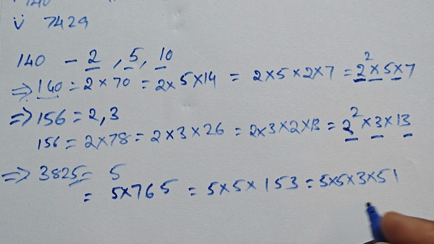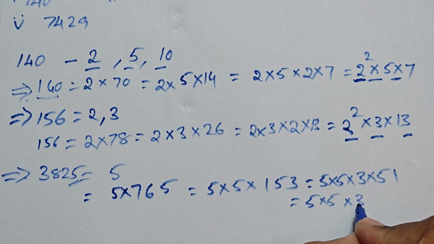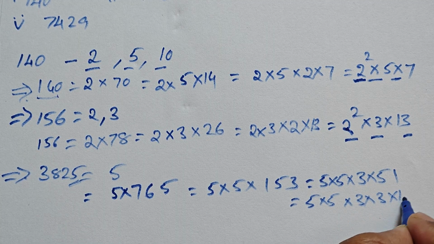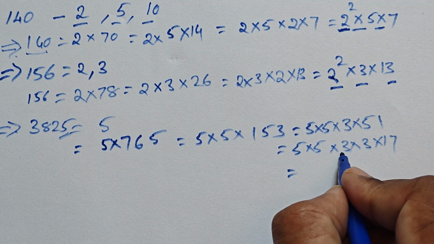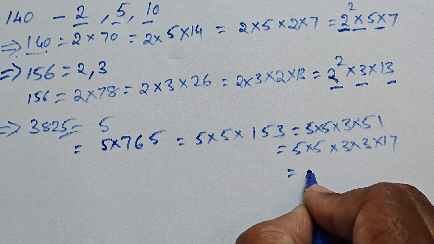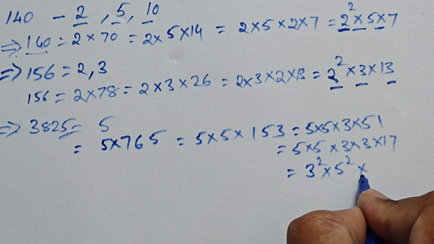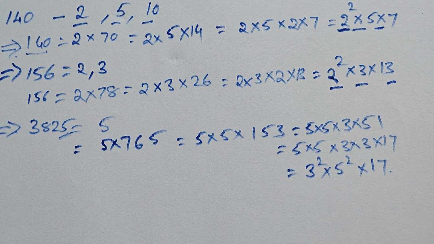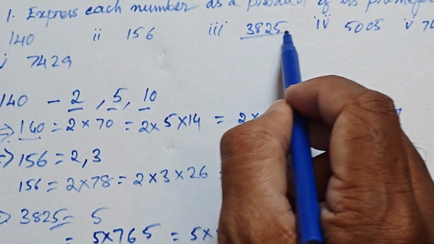We know only one way: 3 17s give 51. So 5 into 5 into 3 into 3 into 17. How do we represent this? Here, how many 3s? Two. Can I write 3 into 3 as 3 square, 5 into 5 as 5 square, into 17? So this is the prime factorization for the value 3825.